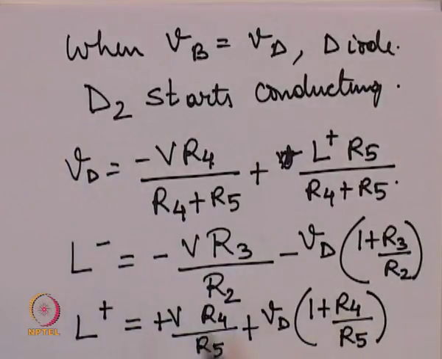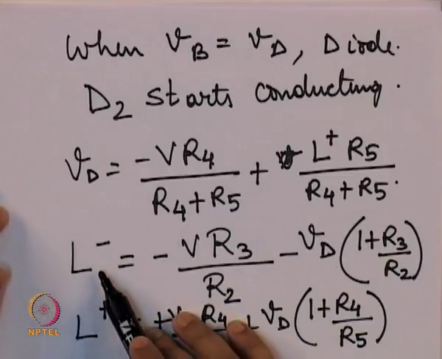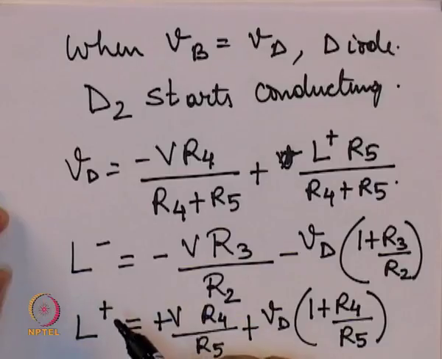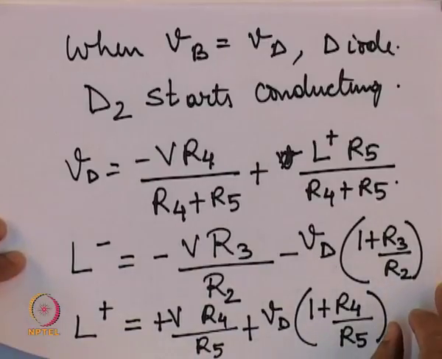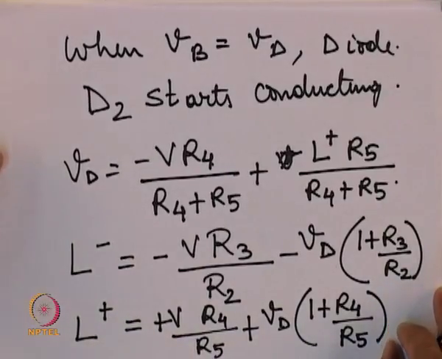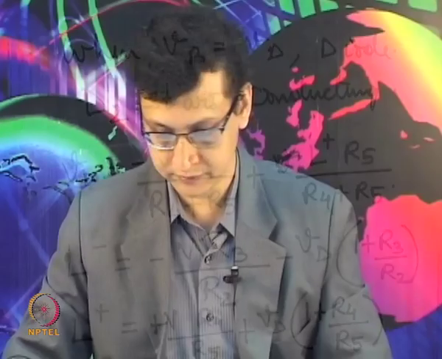So, once this happens, when Vo reaches L minus or Vo reaches L plus, diodes D1 and D2 start conducting, and if they start conducting, then what happens?